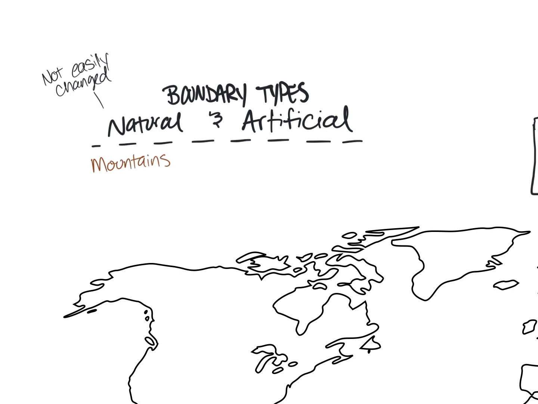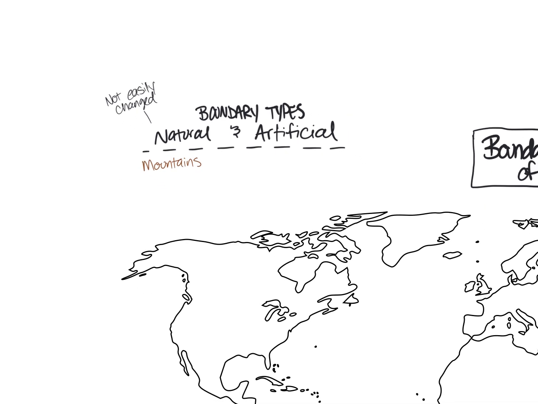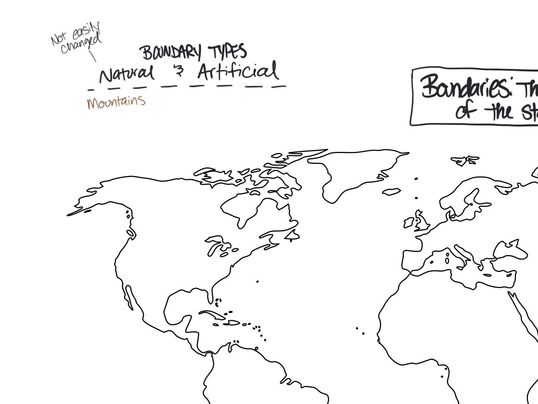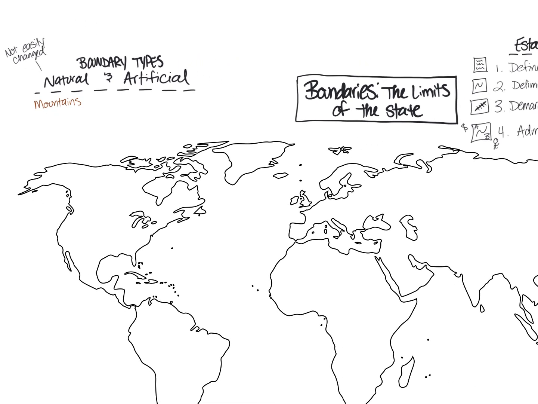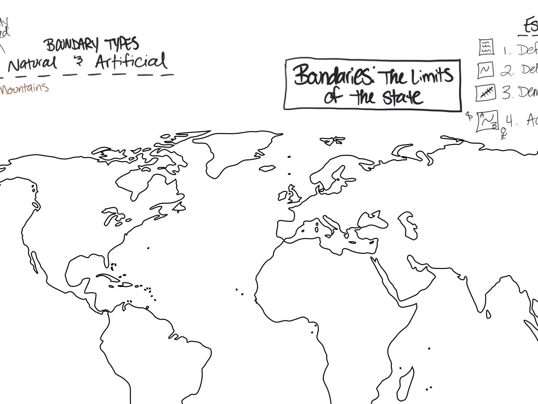So I'm going to start with mountains first. Grab whatever color you want for mountains. All right, I know my map doesn't show the individual countries like yours does, so I'll try to show you as best as I can where to put your mountain regions.